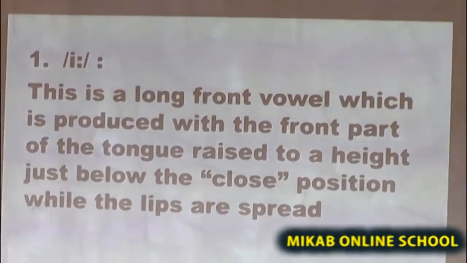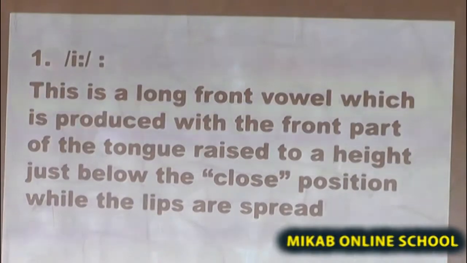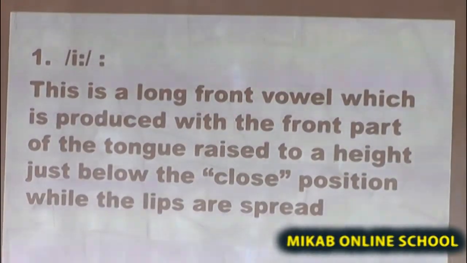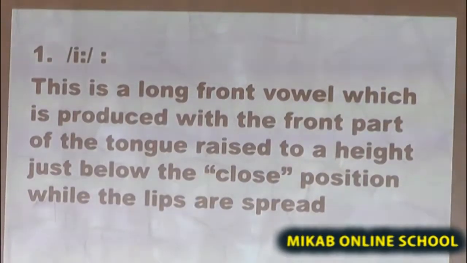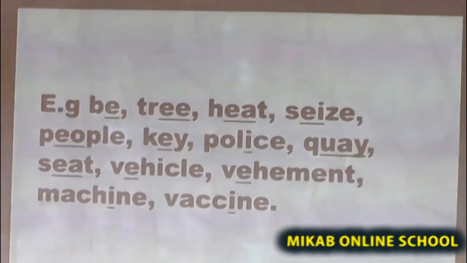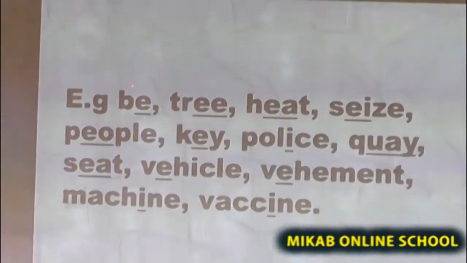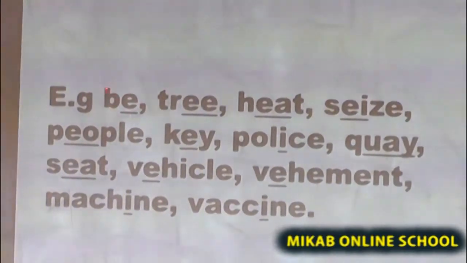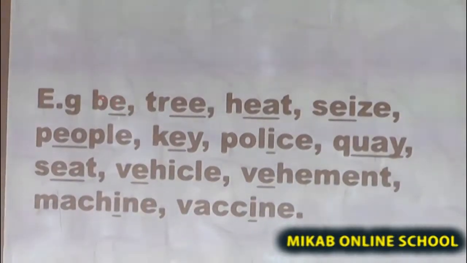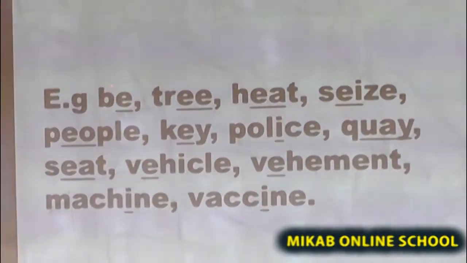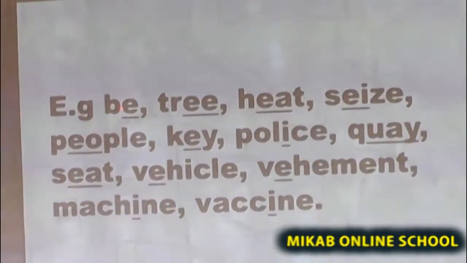That is, while pronouncing this sound, you spread your lips, as I've earlier said under the short form. Let's look at the examples of this. The first word is called be, not bi. Despite the fact that it has just a single e letter, it's called be.